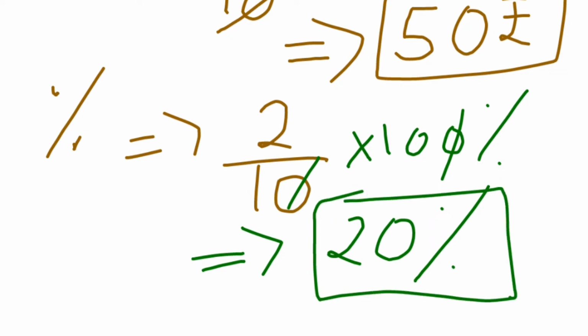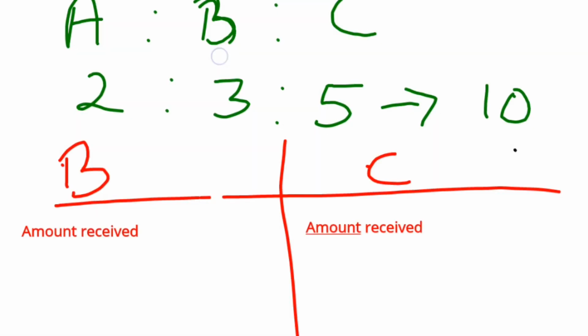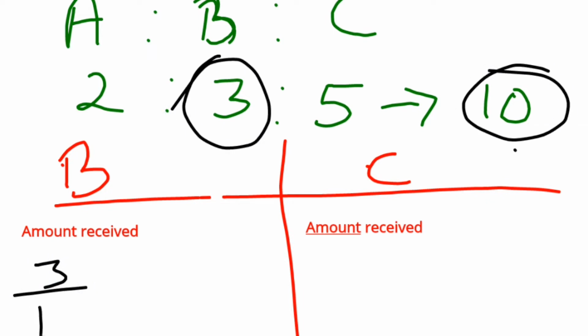Now let's check for B and C. For the amount received by B, first we'll calculate the fraction, that is, what is the fractional part of B's value? B is 3. 3 upon total 10. 3 upon 10 into, now here we are calculating amount, so we will take the total value of the amount, that is 250.